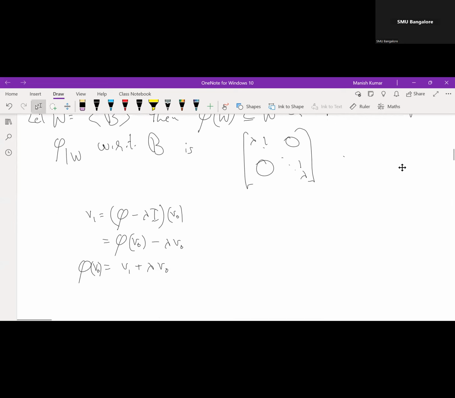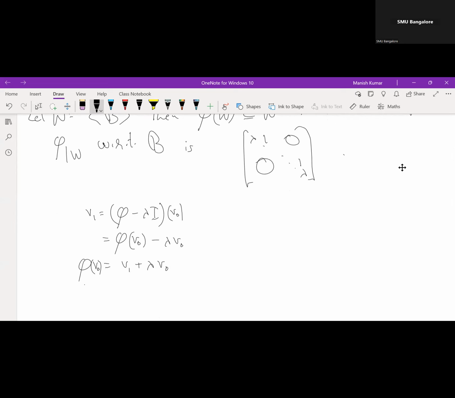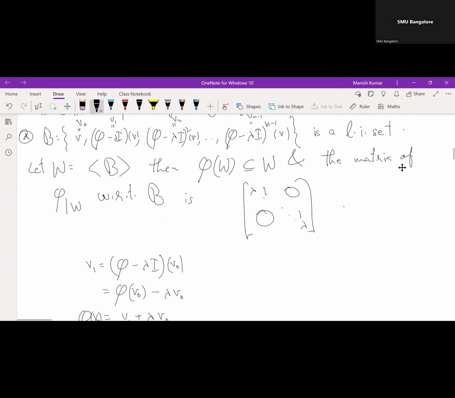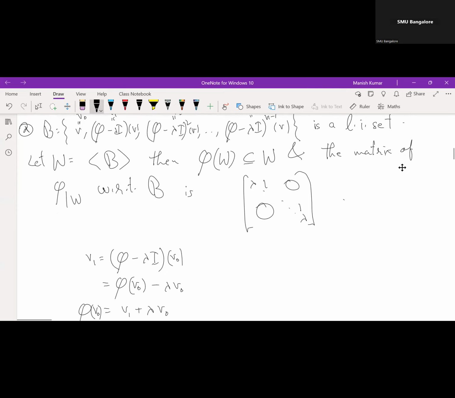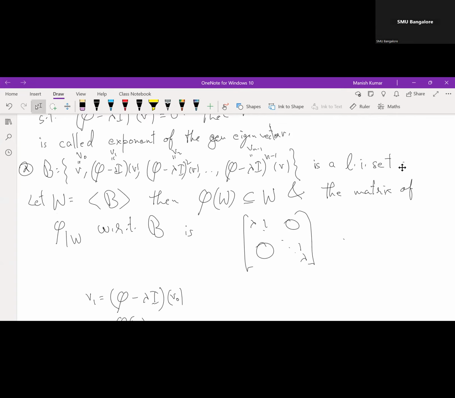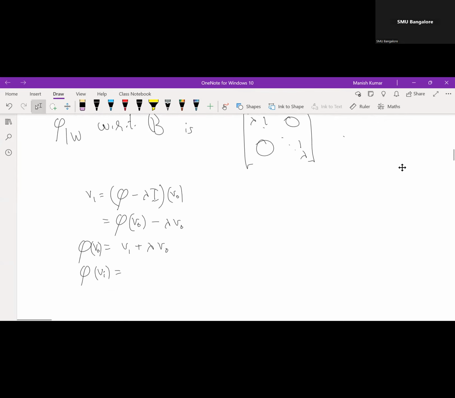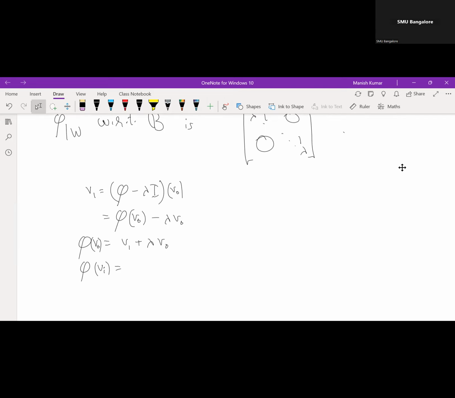Similarly, V2, if you think about it, is phi minus lambda I applied to V1. So in general, Vi is phi minus lambda I times Vi minus 1.